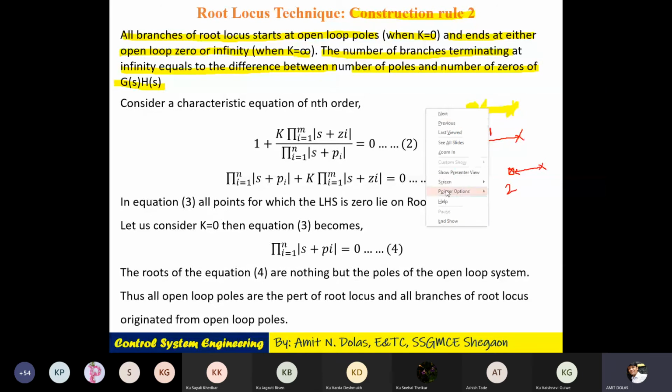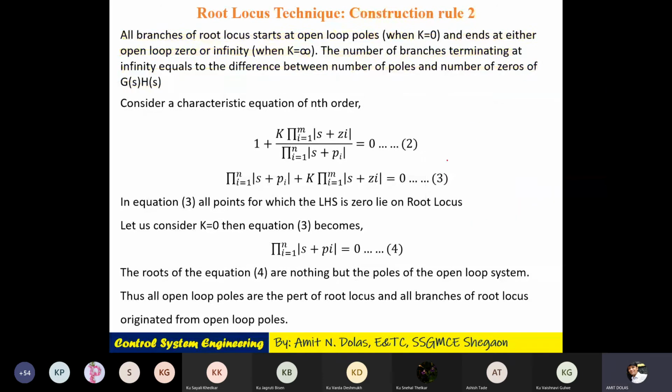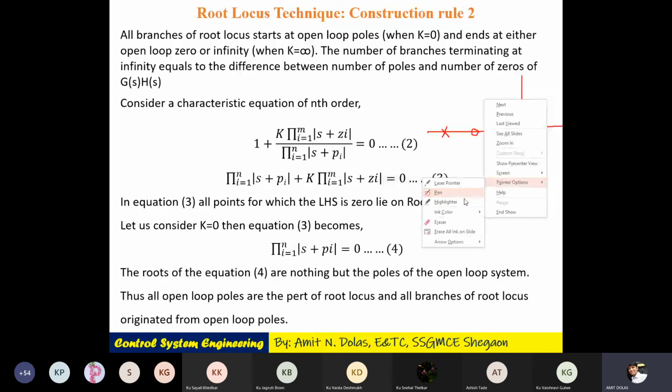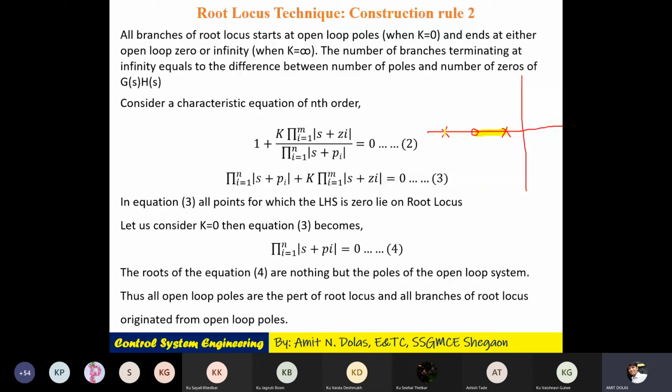What if I have only one zero and two poles? I have one pole here, I have a zero here and another pole here. Now I have number of poles 2, number of zeros 1. So यहाँ पे your branch will start here at the pole and will terminate at the zero. What about this?